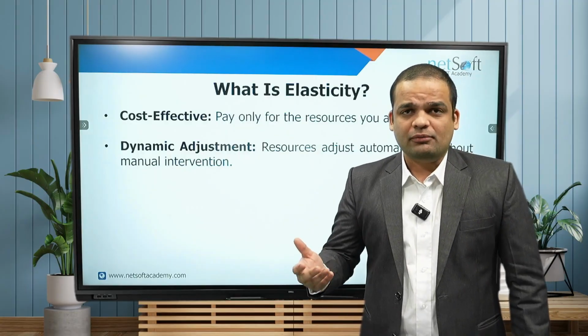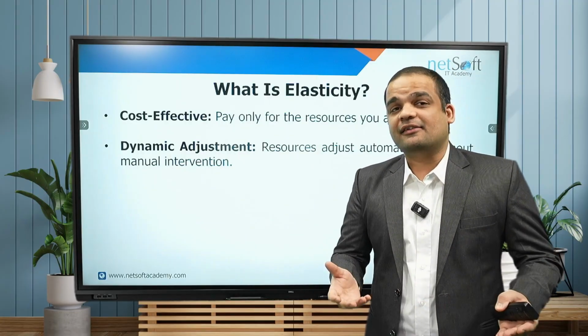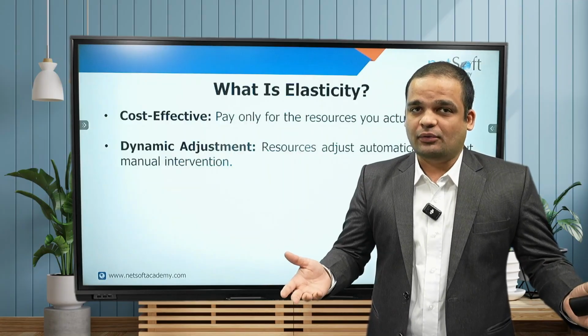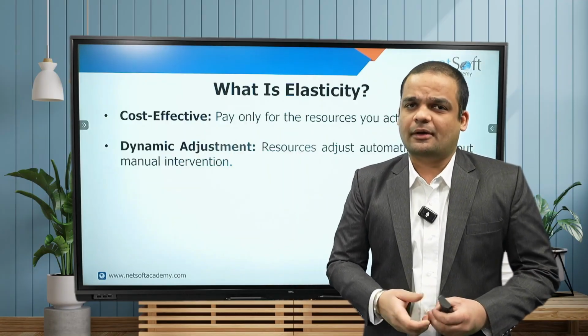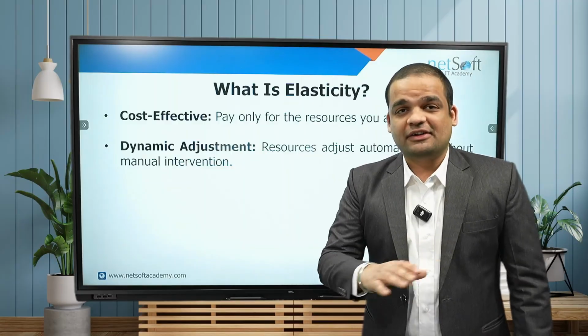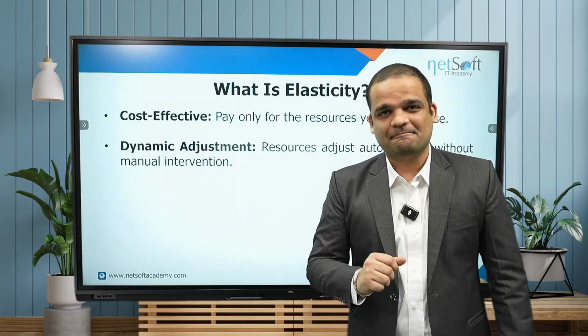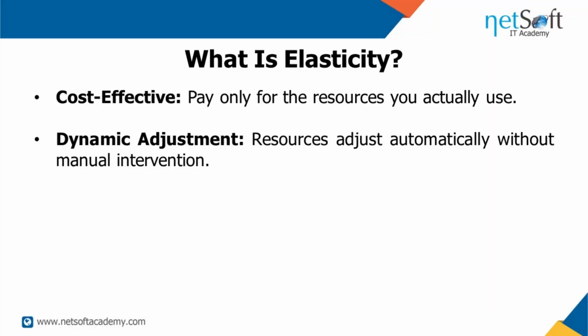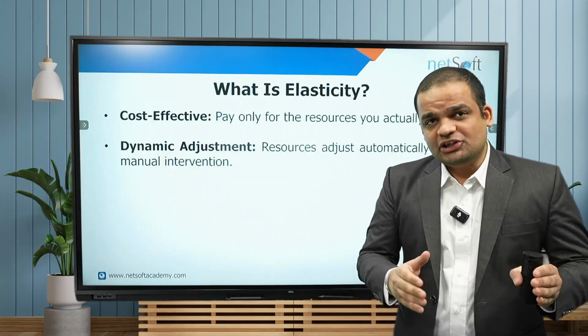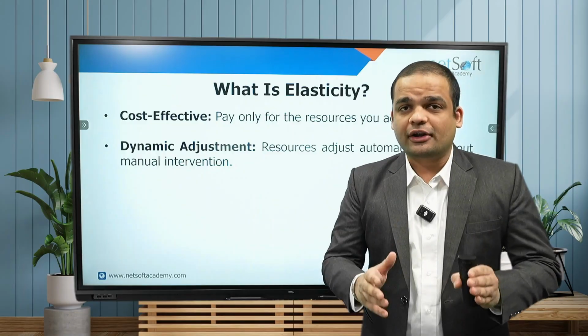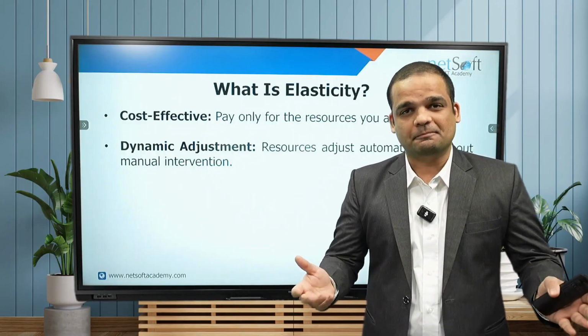If you use more, you pay for it. But when the demand is not there, it will scale down and your organization will save some money. And everything is done automatically if you have done the initial configuration properly. The next is dynamic adjustment. Scaling happens automatically without any manual intervention, ensuring efficient operation. But again, the initial configuration must be done according to your business need or scenario.